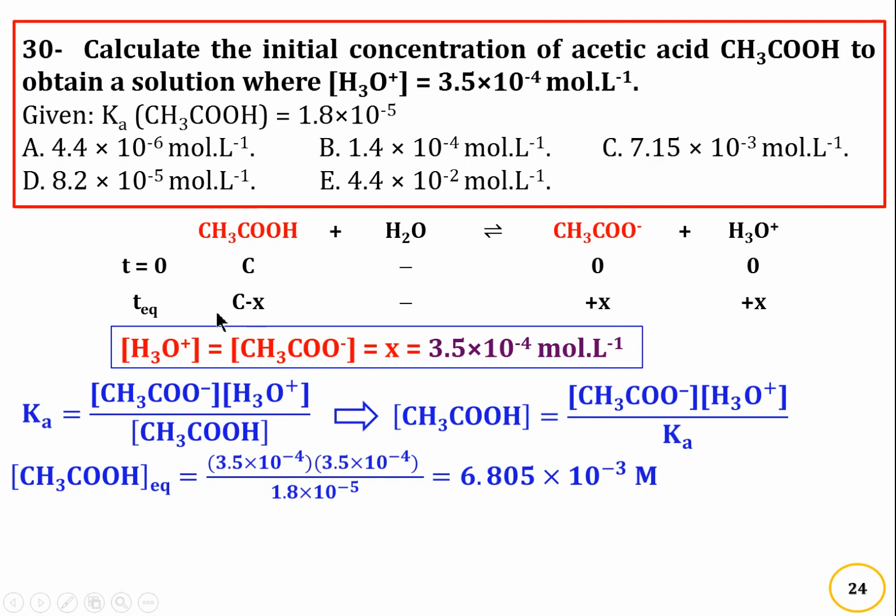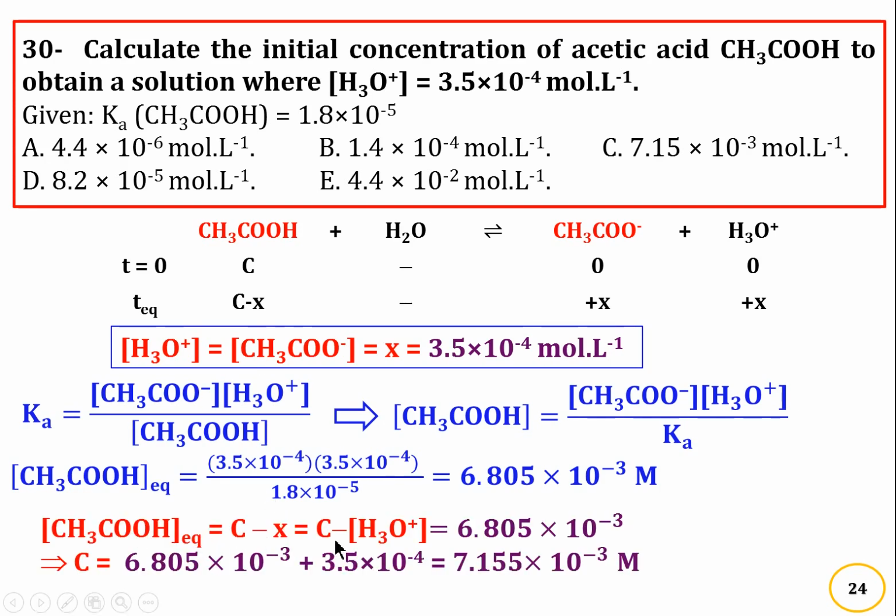And we know that the concentration of acetic acid at equilibrium is equal to the initial concentration of acetic acid minus x. So the concentration C is equal to the concentration of acetic acid at equilibrium plus x, or the concentration of H3O+ at equilibrium. So it's equal to 7.155 times 10 to the minus 3 molar. The correct answer is C.